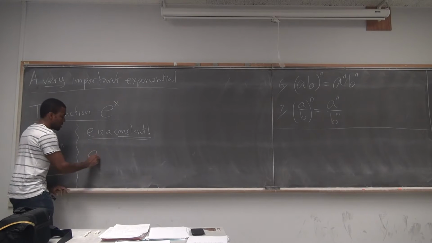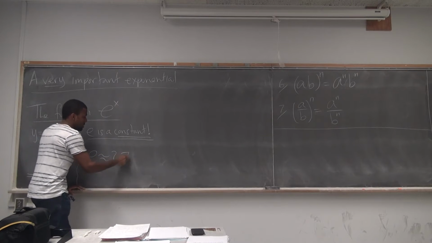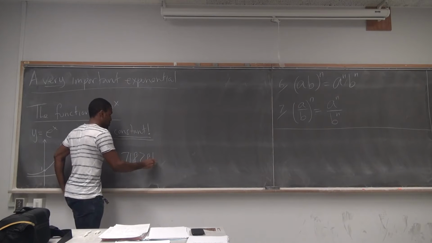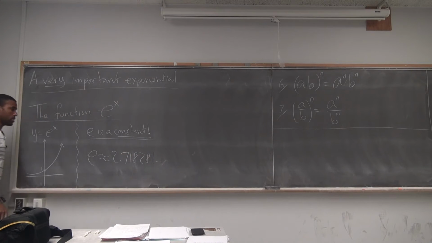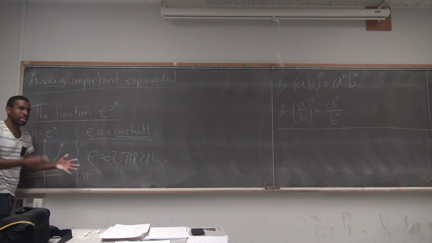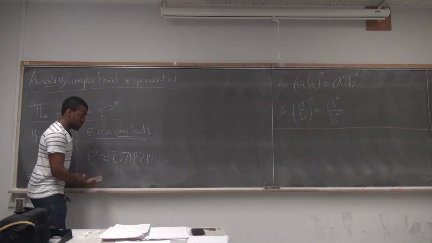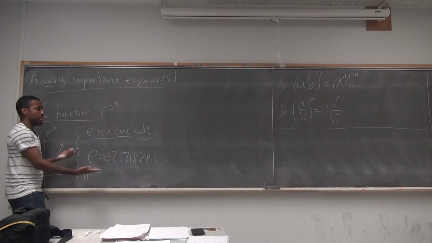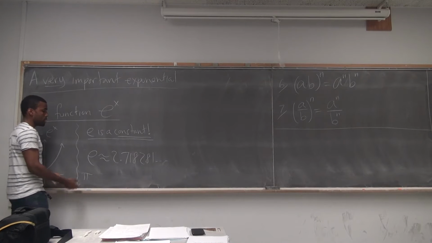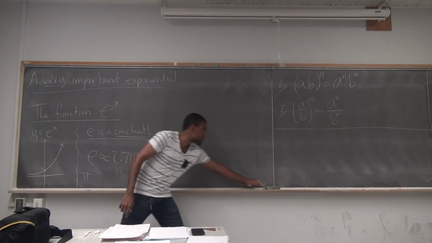It's actually 2.71828, and it kind of repeats. It's an irrational number, a very, very important number. But it's a symbol that means a number. So anytime in this class when I write the letter e, it actually means a number. It's kind of like pi. If you see pi, you know it actually means 3.14159, all that stuff. So it's a letter that we write that means a number. e is exactly the same thing. It means this number.